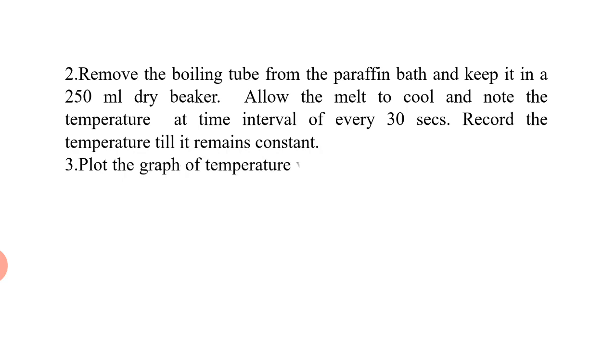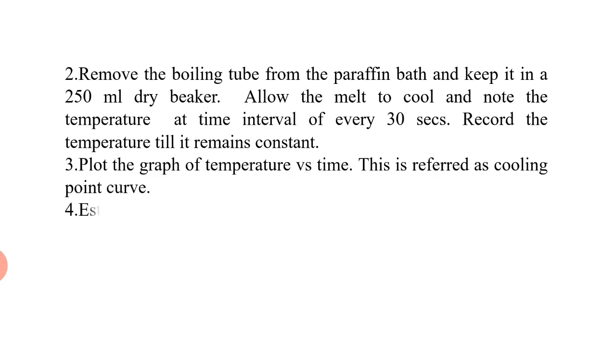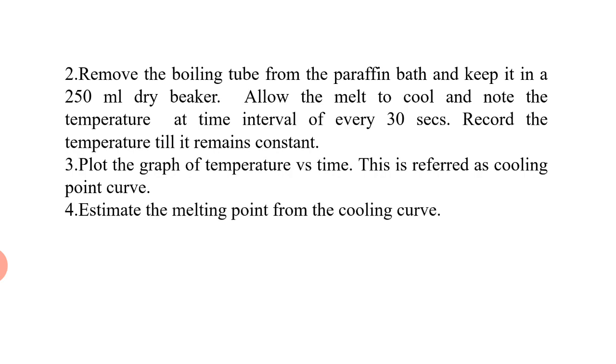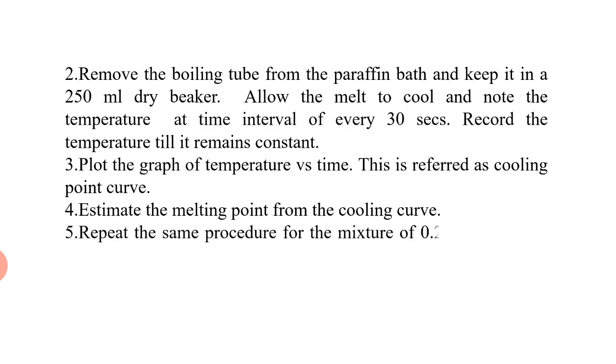Plot the graph of temperature versus time. This is referred to as the cooling curve. Estimate the melting point from the cooling curve. Repeat the same procedure for the mixture of 0.2 gram of biphenyl and 5 gram of naphthalene.